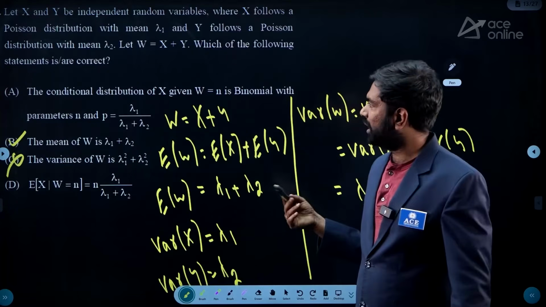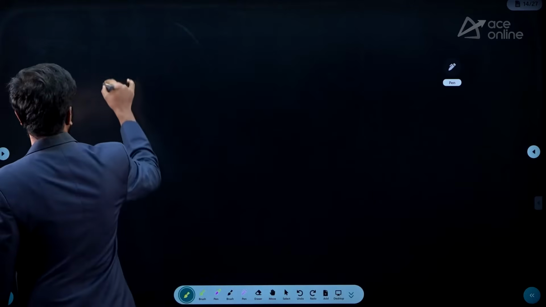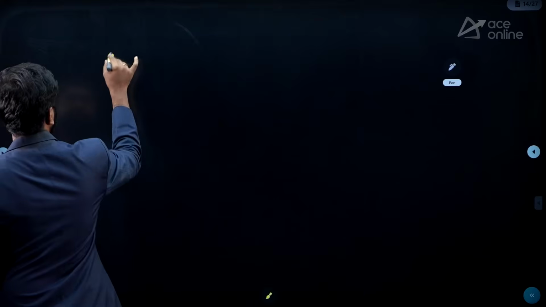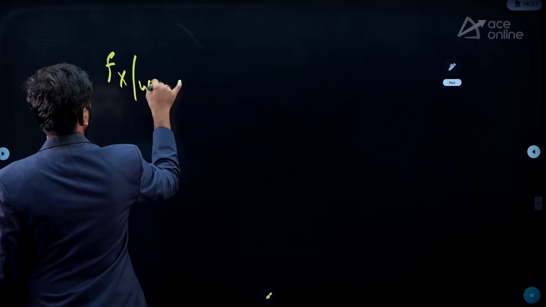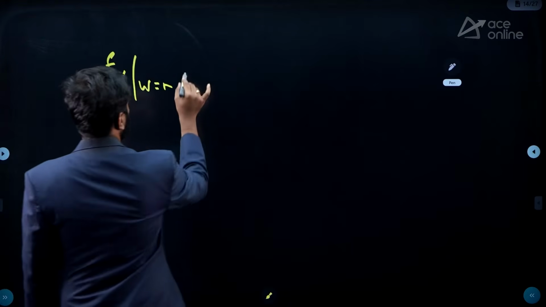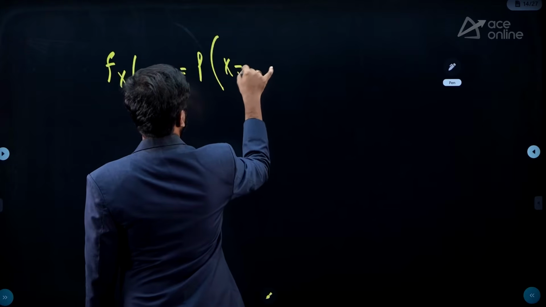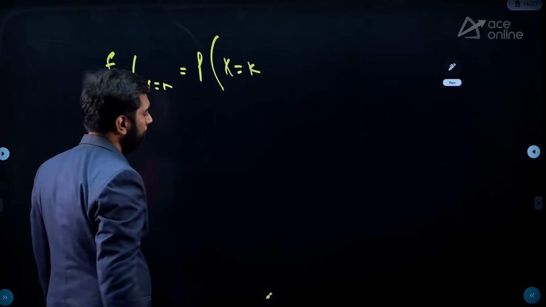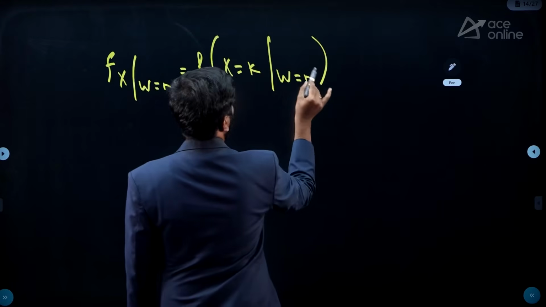He's talking about the conditional distribution. Let me represent it like this: the conditional PMF of x given w equal to n. So we need to find the probability of x equal to, let's say, some k given w equal to n.